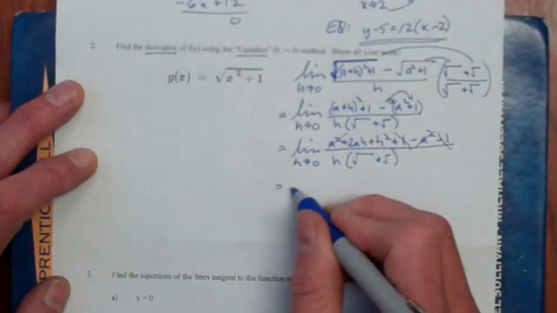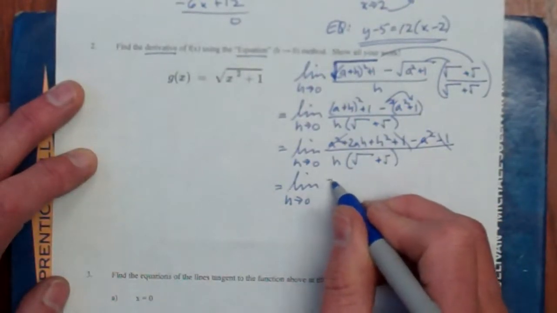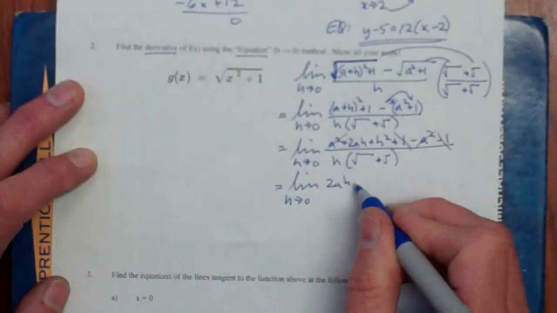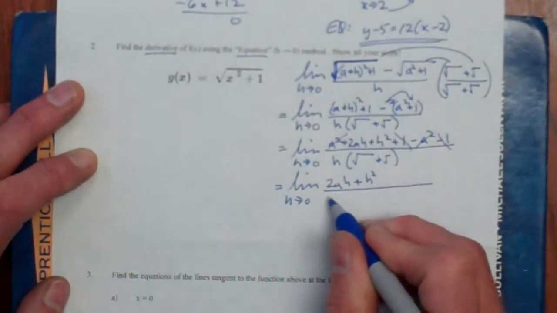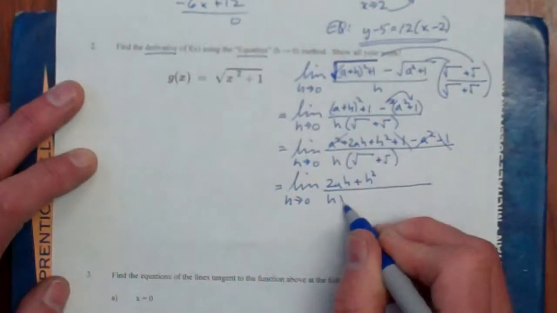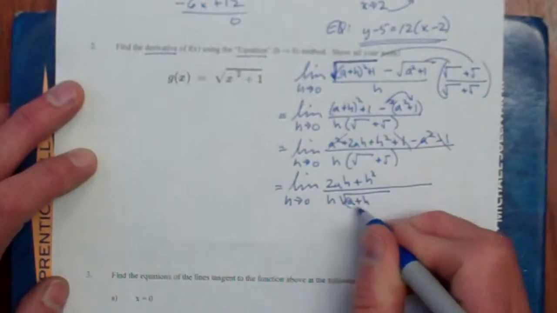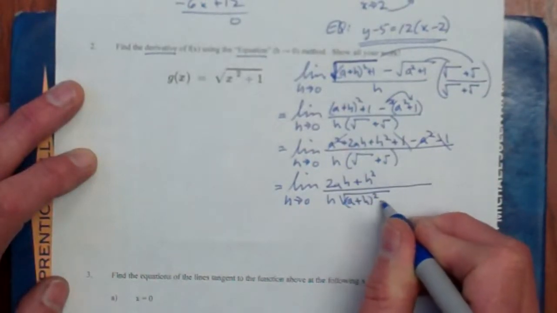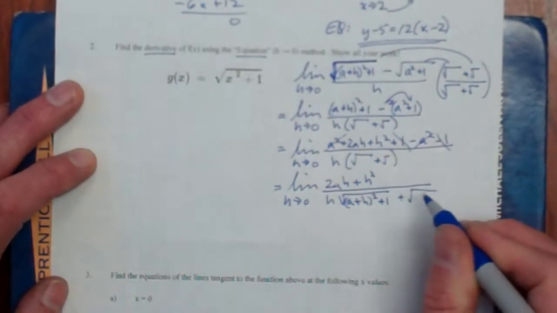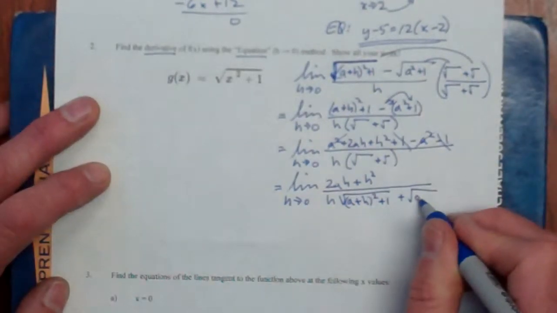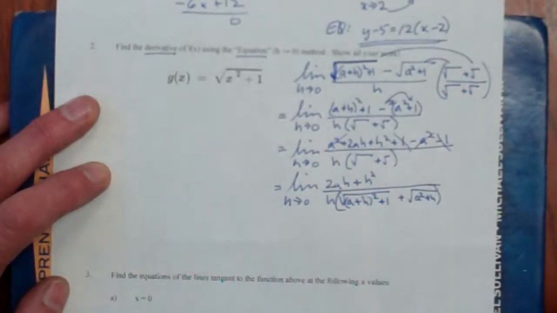And then I get the limit as h goes to 0 of 2ah plus h squared all over h times, and here I'm going to write the long radical because now is when I need it, a plus h in parentheses squared plus 1, and then plus the square root of a squared plus 1, and that's in brackets or bigger parentheses.